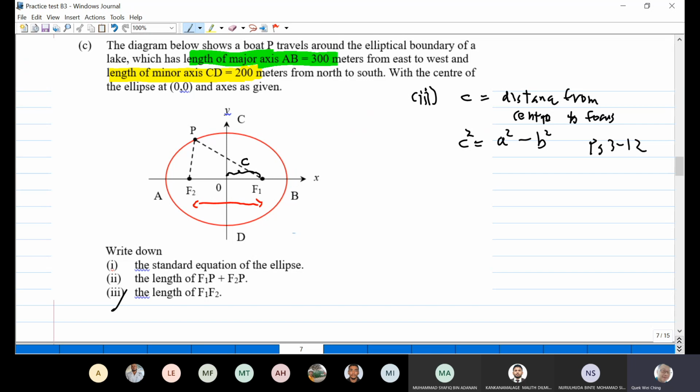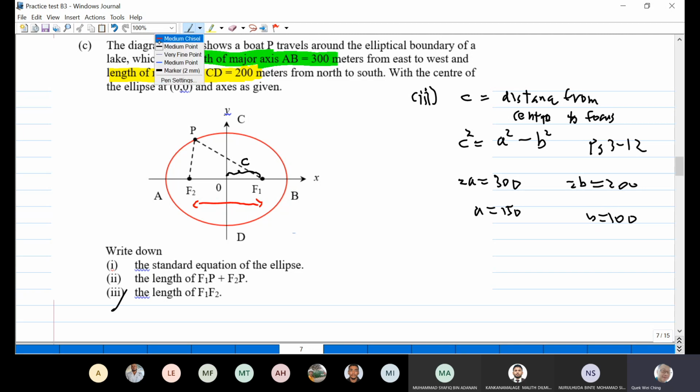So what is A now? We are given that 2A is 300. The length of the major axis is 2A, so A is 150 now. And 2B, the length of the minor axis, is 200, so B equals 100.